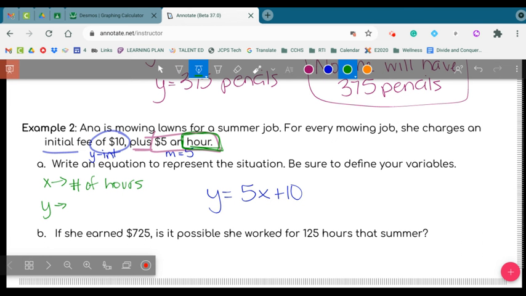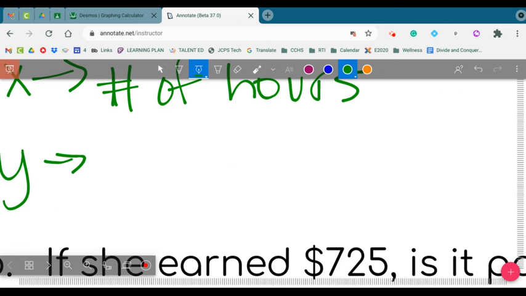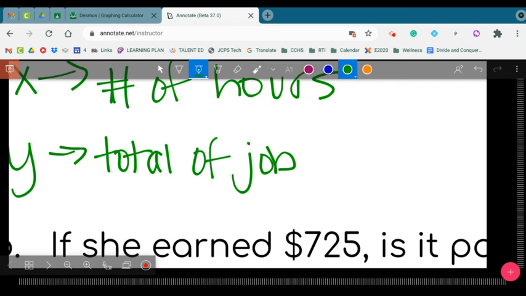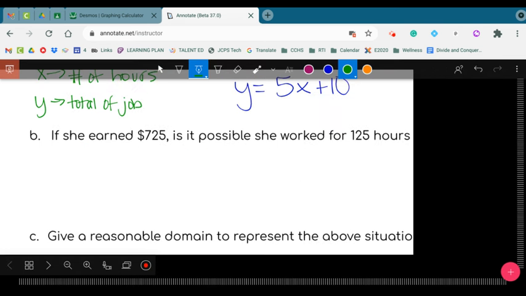That is going to be the total for each job. Because if she says she's going to work for 5 hours, if I plug that into my equation, that's going to be the total of the job, how much it's going to cost or how much she's going to earn.